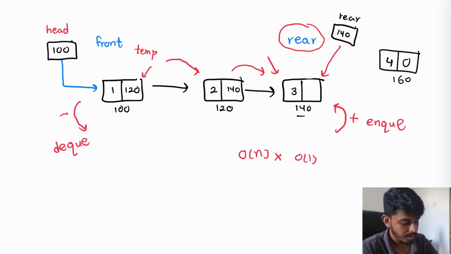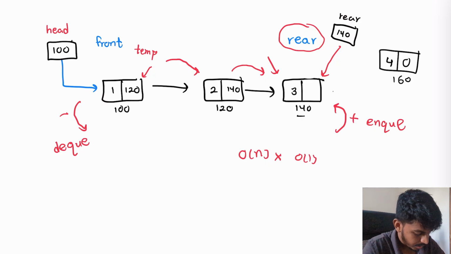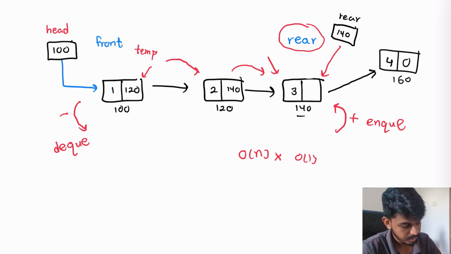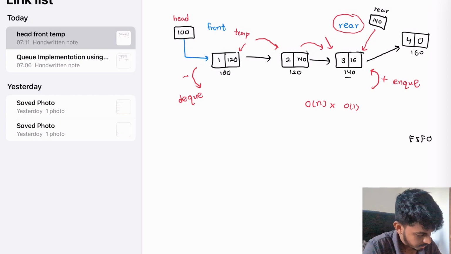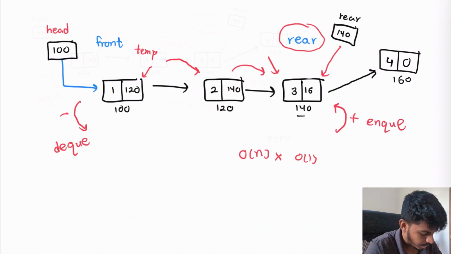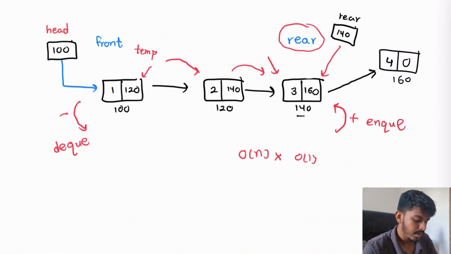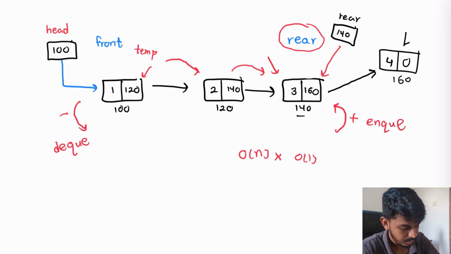Using that, we can link this new node to this rear node directly, and the address part is going to get the node address of this new node. Then the new rear is going to be this.